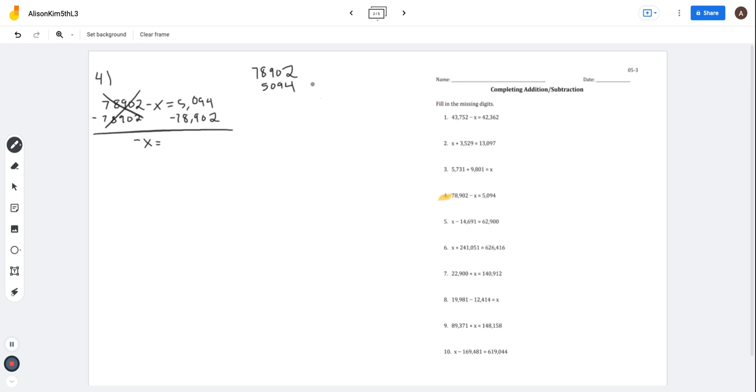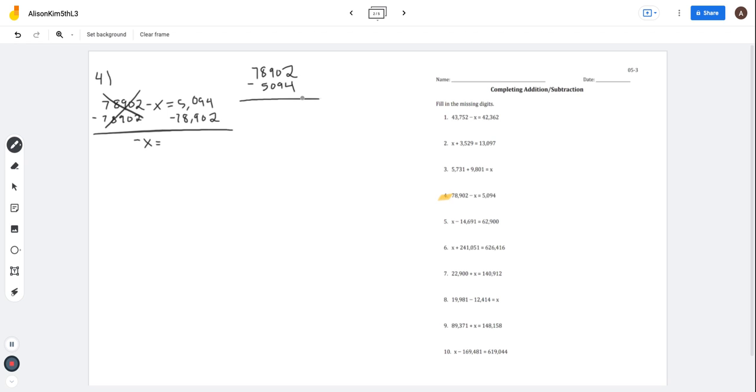Now, 5,094 is a positive number, right? However, 78,902 is a negative number. And always, when it comes to negative and positive, the negative is always going to overthrow the positive. So in this case, we're not going to be adding these numbers, we're going to be subtracting them. Right? Now we just subtract like normal.